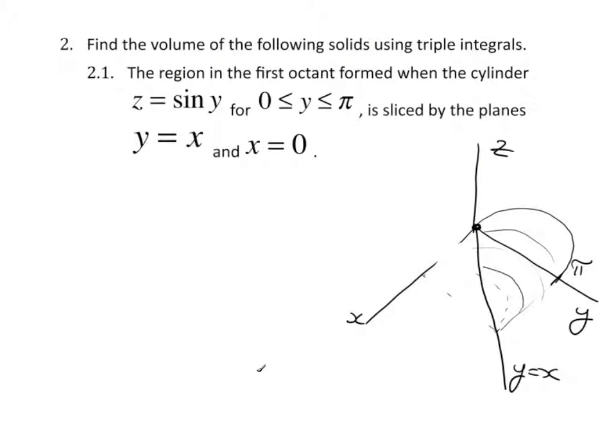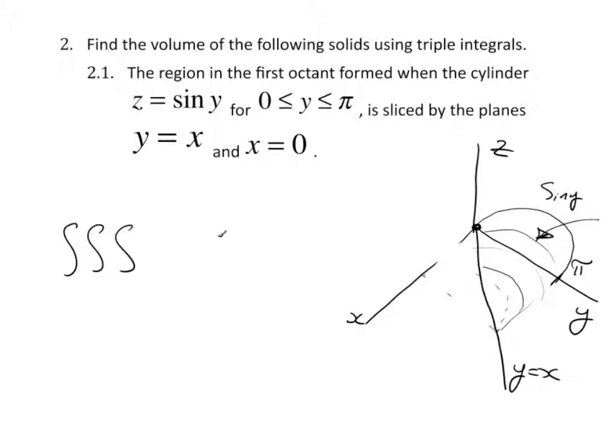Okay, so now we need to think about how we're going to set up these bounds to integrate. First of all, obviously I need a triple integral, and I can change the order of these bounds later if I want. I know that I'm going to go from the xy-plane, z equals 0, up to this surface, and this surface is sine y.